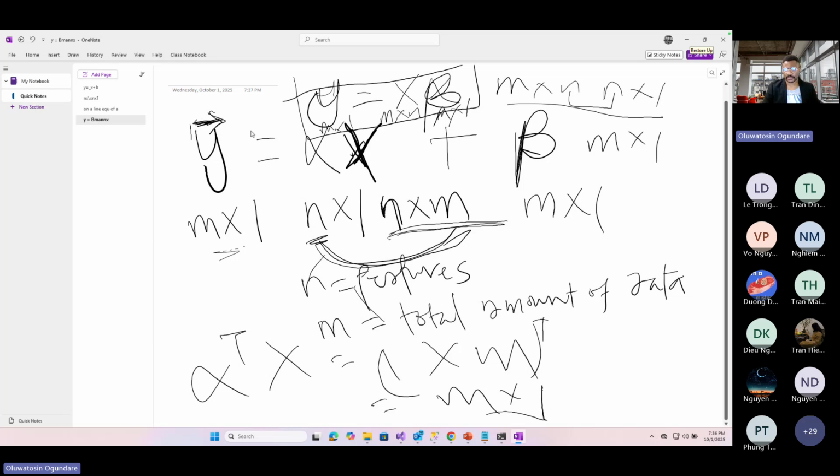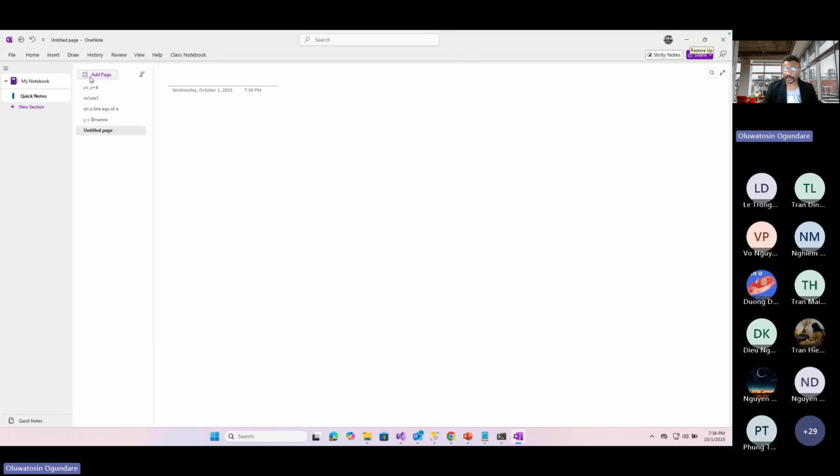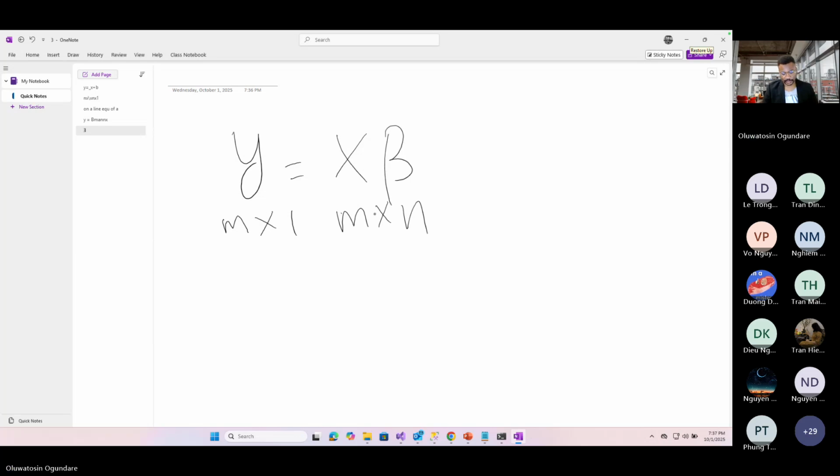So here's a question, continuing with this, because this is something that will repeat itself. So we're still here, y is m by 1. So now we have X, which is m by n. Beta, oh, let me write this. X, which is m by n. And beta, which is the symbol for a new coefficient, which is also n by 1.